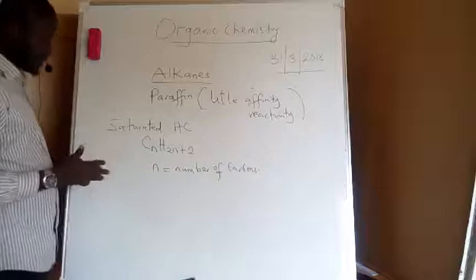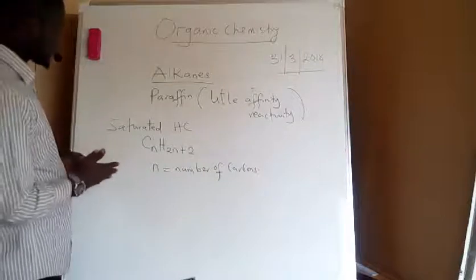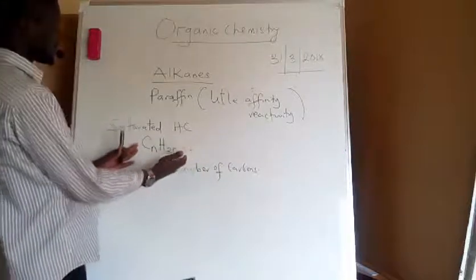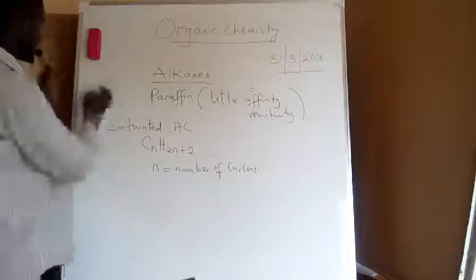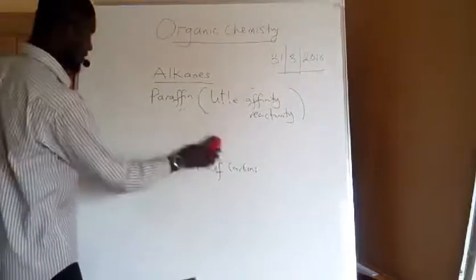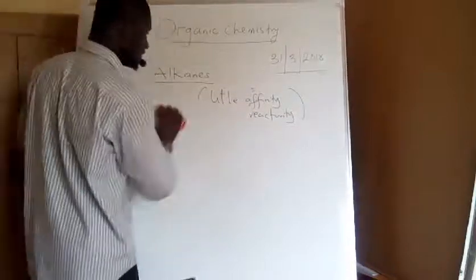Now we have what is called the alkane group or alkane family, where we can use this formula to derive the molecular formula of all members of the alkane. We call that group the alkane group or alkane family.